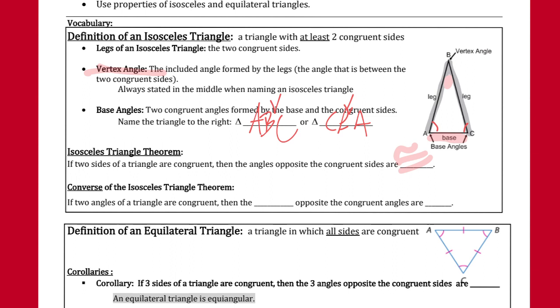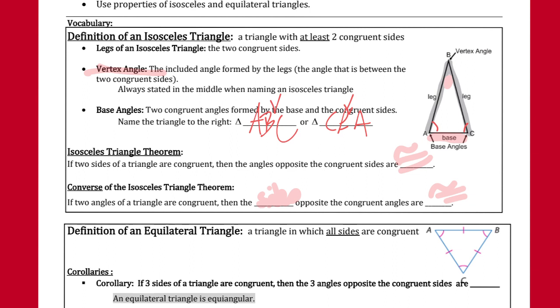If two of the angles of a triangle are congruent, then the sides opposite those angles will also be congruent. So if two sides of a triangle are congruent, their opposite angles will be congruent, and the converse is true: if two angles are congruent, then the sides opposite those angles will be congruent as well.